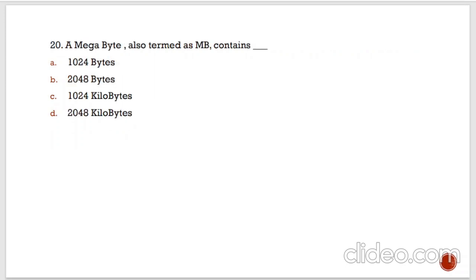Next question. A megabyte, also termed MB, contains... So what are the units of memory? Starting from the bit, next is the byte. A byte is 8 bits.